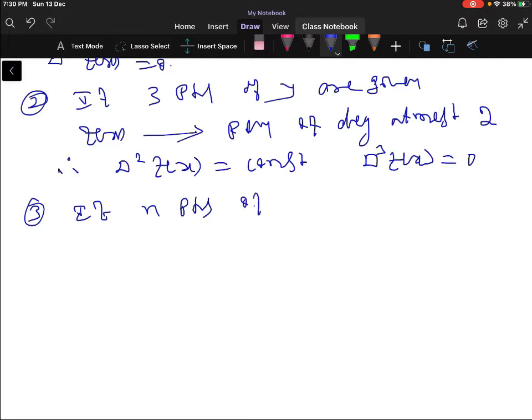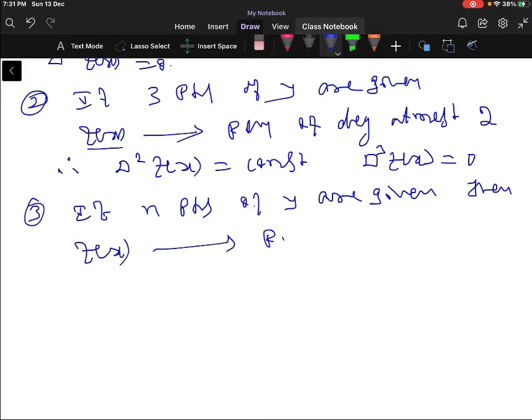Suppose n points of y are given, then we can determine the polynomial f of x, the polynomial of degree at most n minus 1.